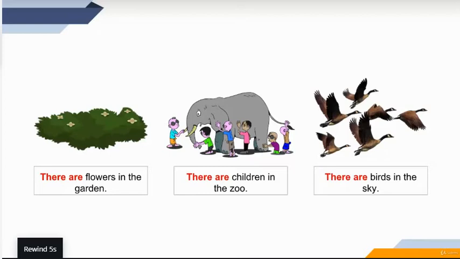Just a quick revision because I said children. So two children, one child; two women, one woman; two mice, one mouse; a lot of people, one person.